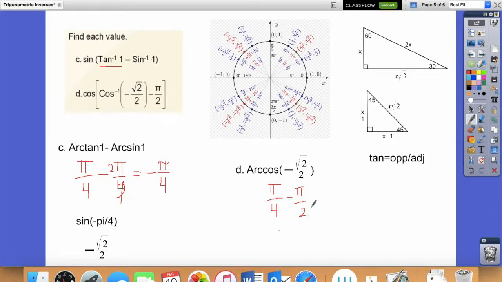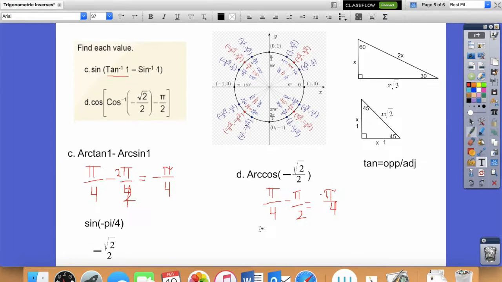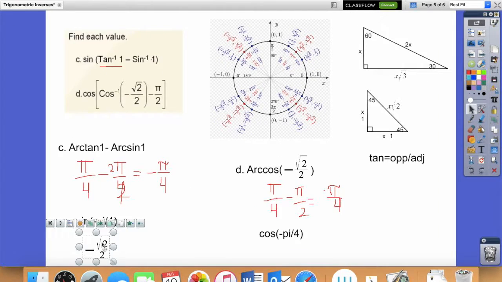That was negative pi over 4. And so now they want the cosine of negative pi over 4, and that is negative root 2 over 2 again.